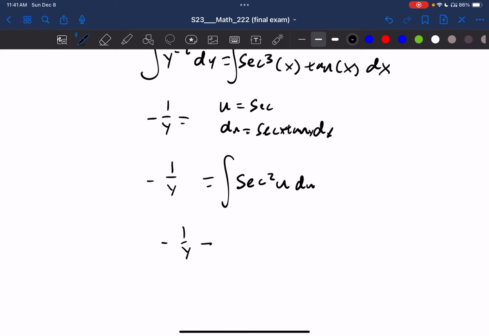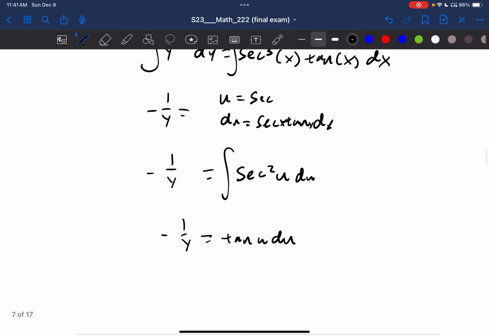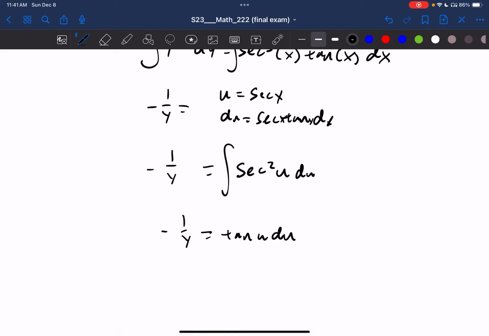So negative 1 over y will be equal to the antiderivative of secant squared, which is going to be tangent u du. And remember, we're in u now. We need to put this back into x. So tangent u, replace that with what it is, secant x plus c.